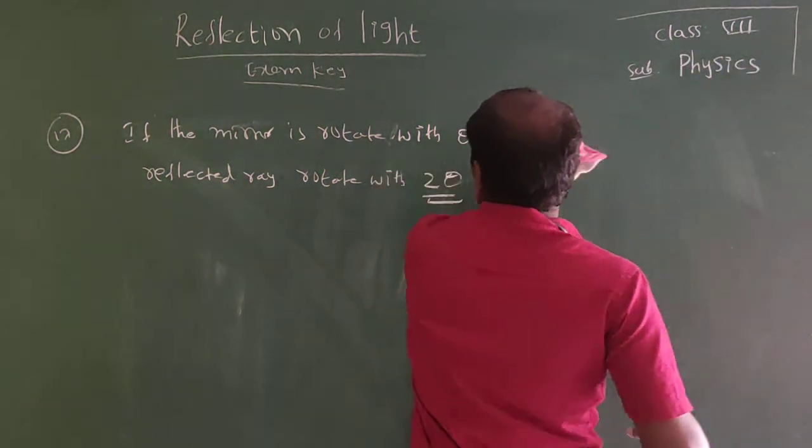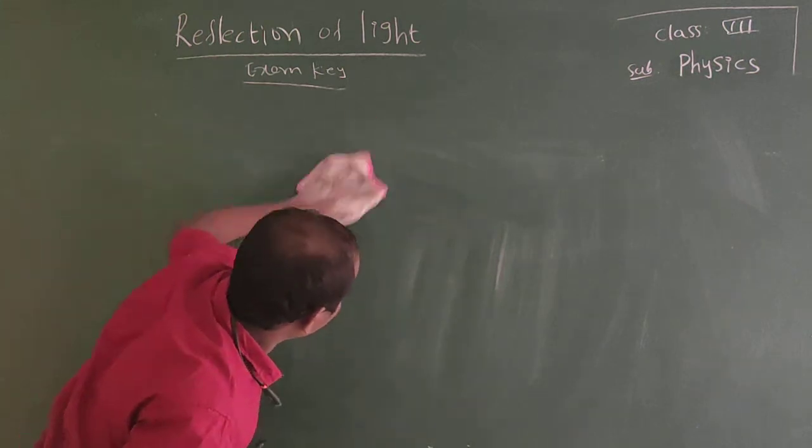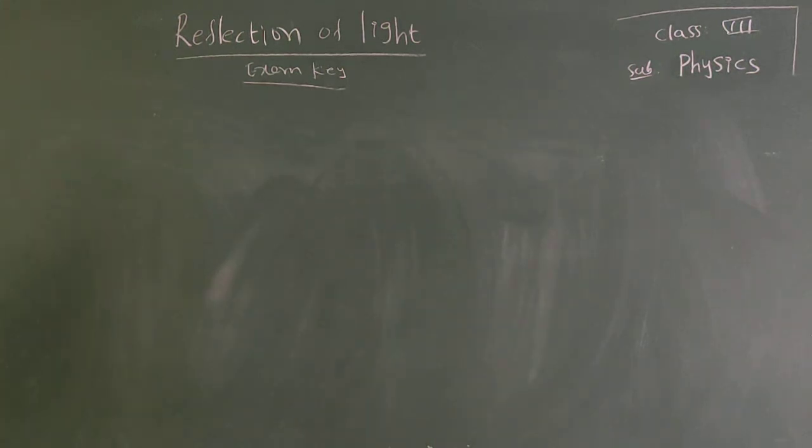18th one. The relation between U, V and F in a spherical mirror.